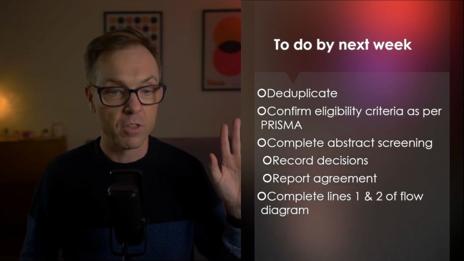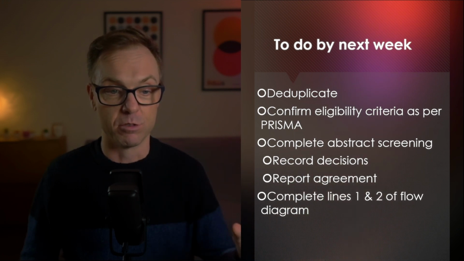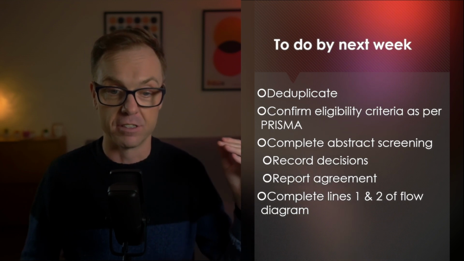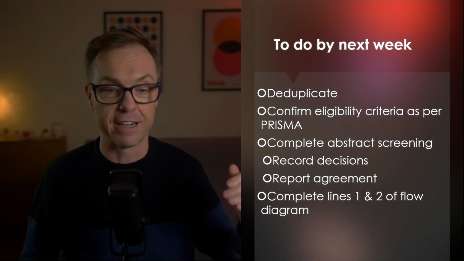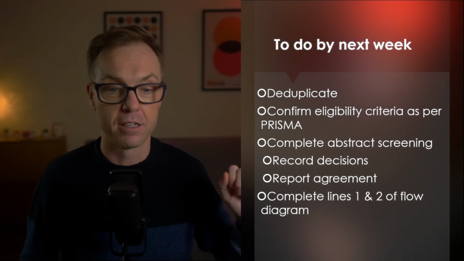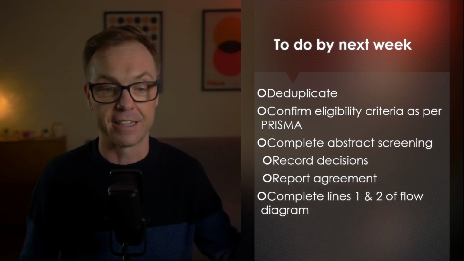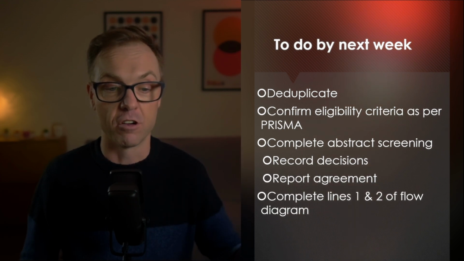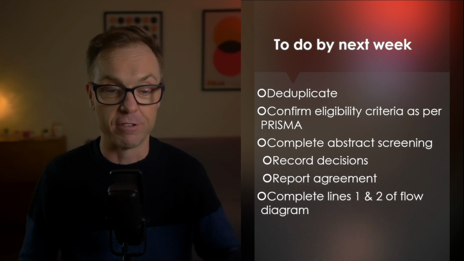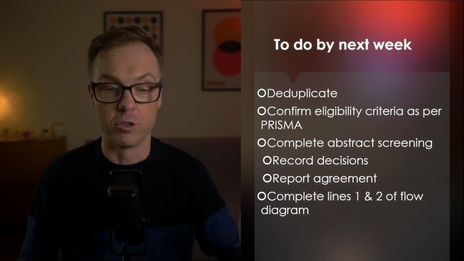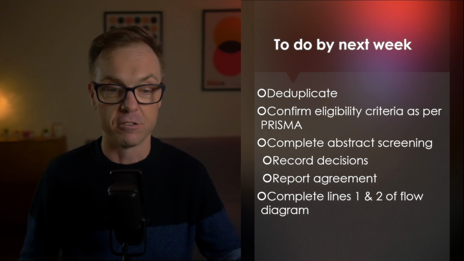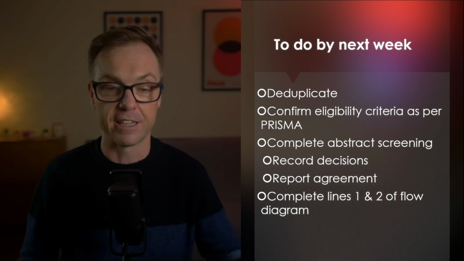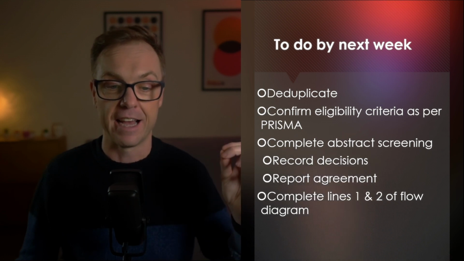And once you've got your eligibility criteria sorted, then you can start doing your abstract screening. So you can split those deduplicated records into your pairs, use Screenatron to undertake screening. You can then use the Disputatron to record your agreement before you do dispute resolution, and then you can get the total number that you've taken forward to full text screening at the end.